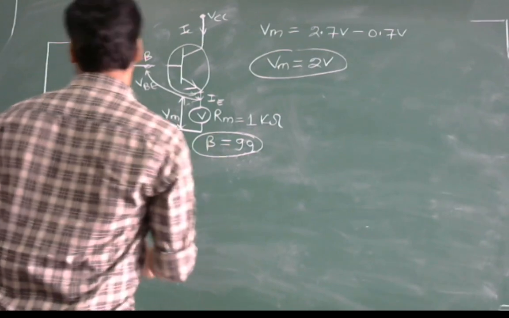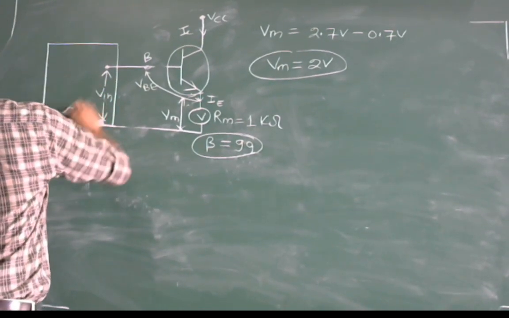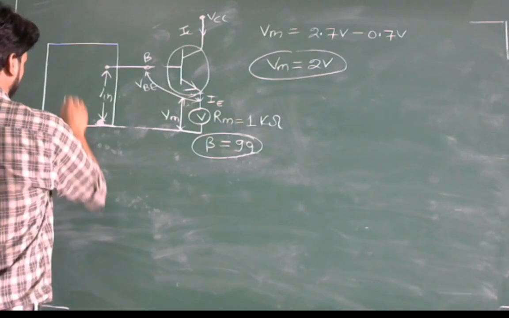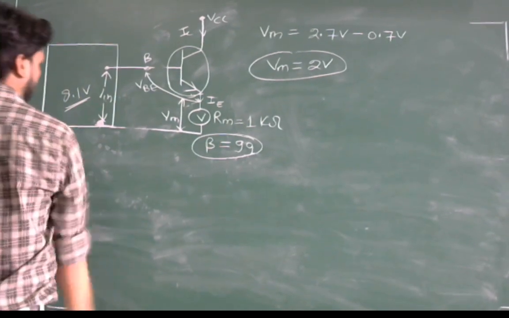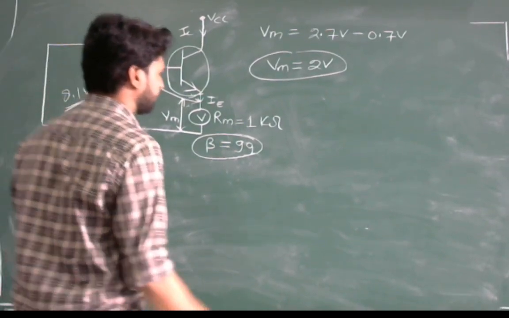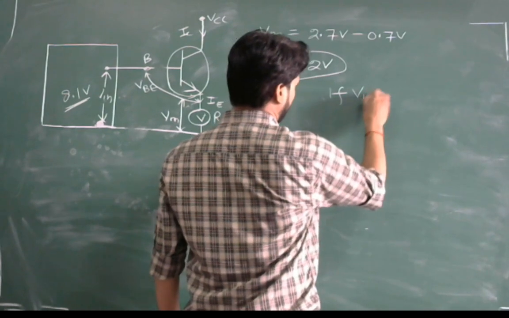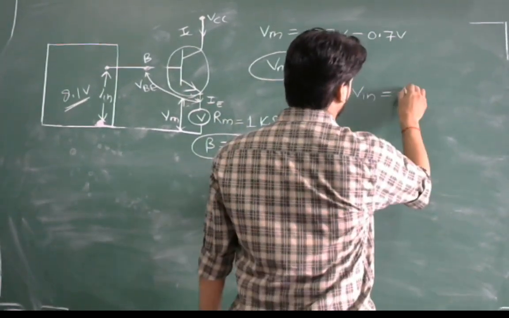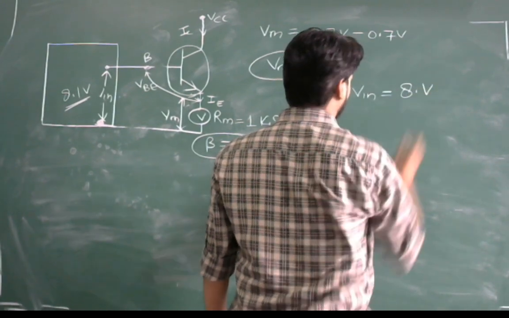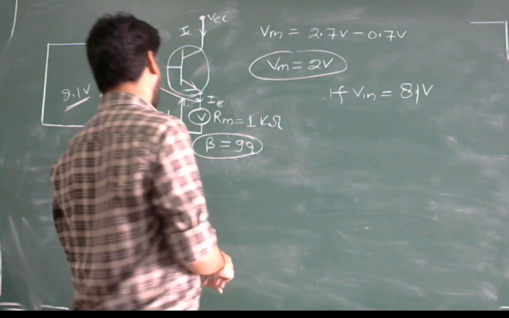Consider another case when the input voltage is 8.1 volt. If Vin is equal to 8.1 volt, what will be the reading of this voltmeter?